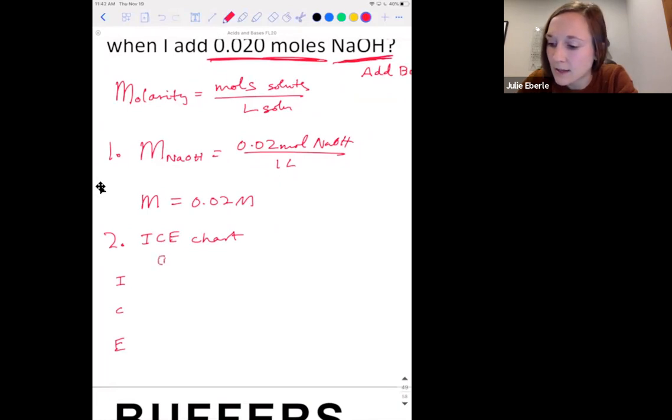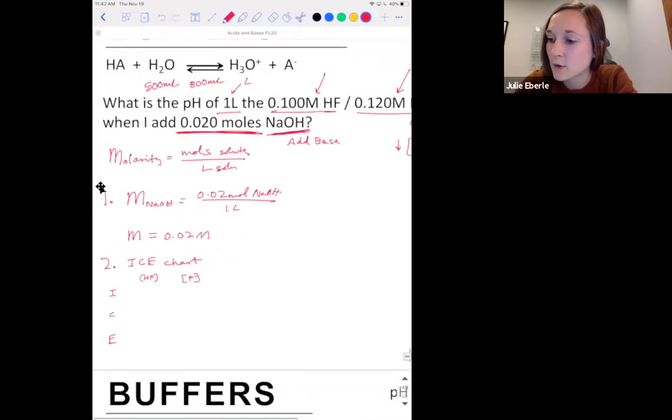So I'm going to write the weak acid, here it's HF, and the conjugate base, F minus. Initially, how much do we have? Those are given to us in the problem. So we plug in our initial concentrations: 0.1 molar, not moles, not percent, molarity. That's the units here. And 0.12 molar.